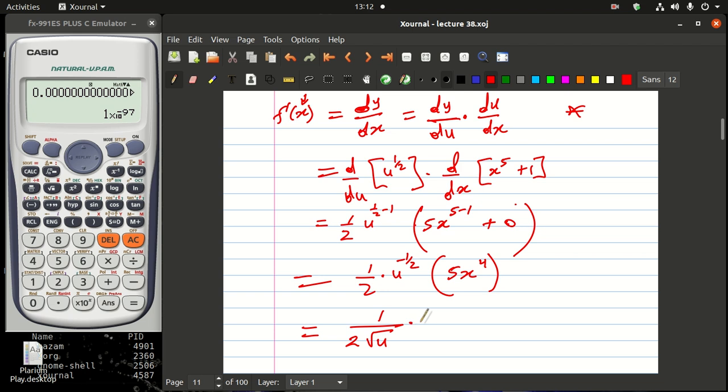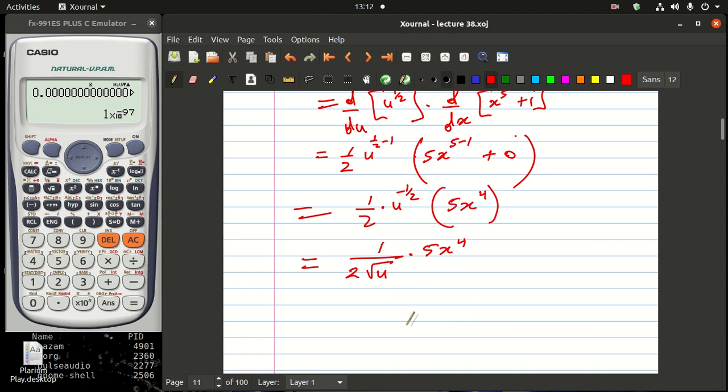Then you multiply this whole thing by 5x to the power 4, and if you carefully evaluate, this is just going to be 5x to the power 4 divided by 2 root u.